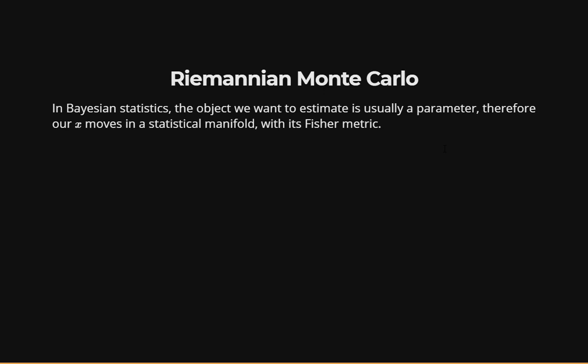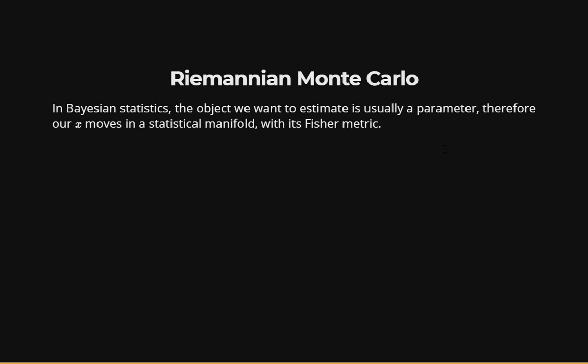Riemannian Monte Carlo. Now, in Bayesian statistics, I mean, there is this eternal war in statistics between frequentists and Bayesian. But in Bayesian statistics, the object of interest, the random object, is the parameter of the distribution. So the mean, the variance, whatever.